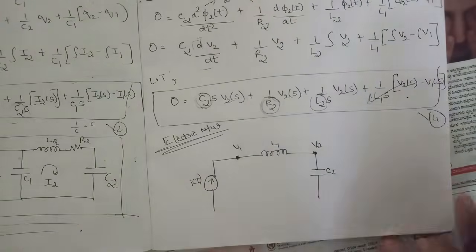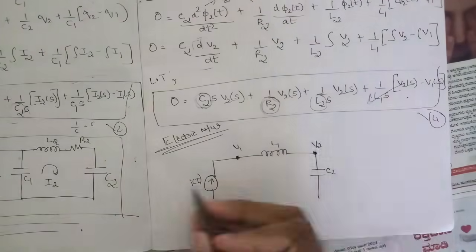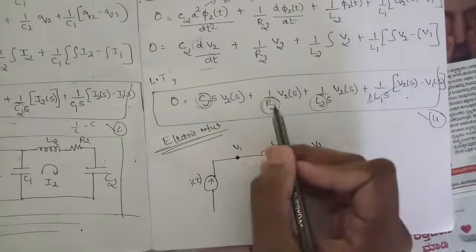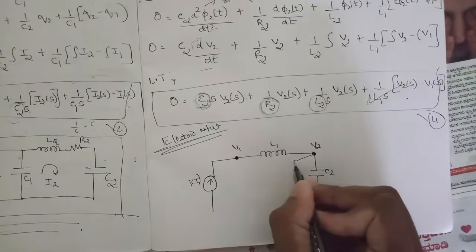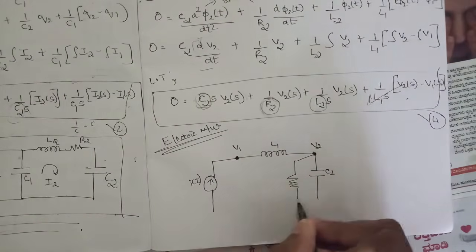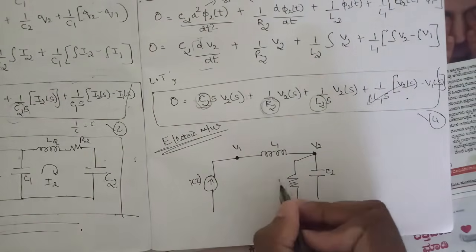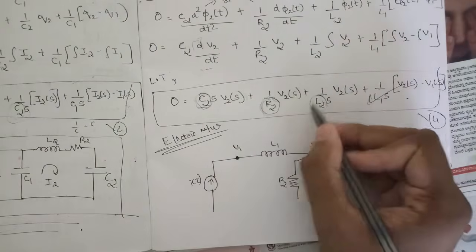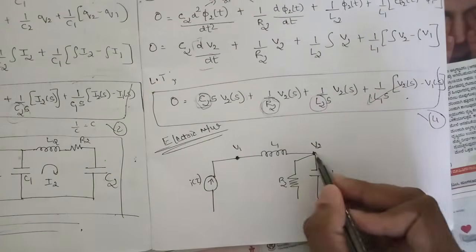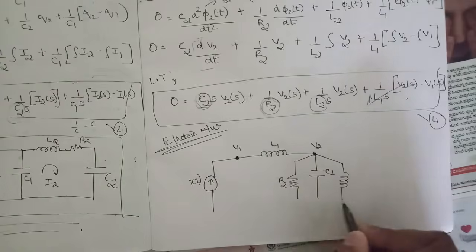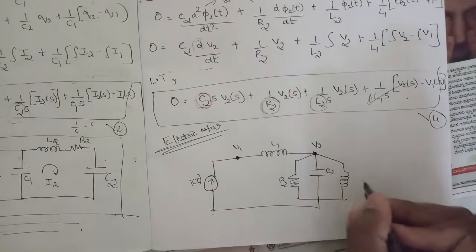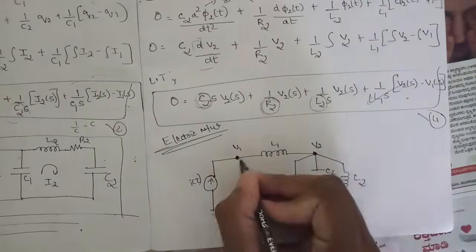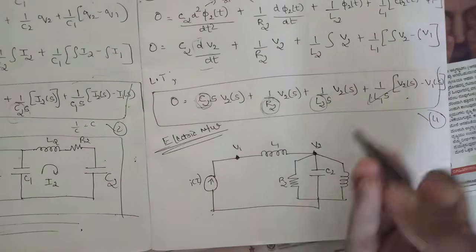But here we should be doing the opposite. In this node we need to put those components in parallel, that is take another branch and name it as R2, and one more component is left, that is L2, right? Take another branch, name it as L2, and join it like this, L2, between V1 and V2, and all the components are done.